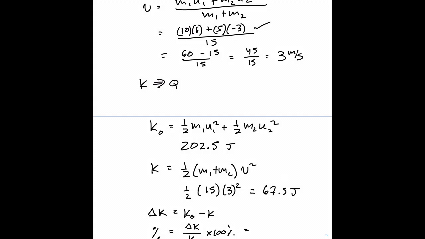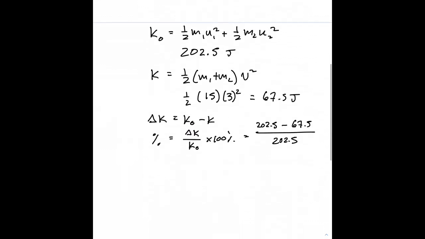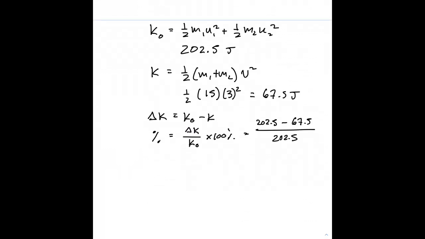So this would be equal to 202.5 minus 67.5 divided by 202.5. And again, check your calculator and see if you agree that this comes out to a percent K lost of about 67%.